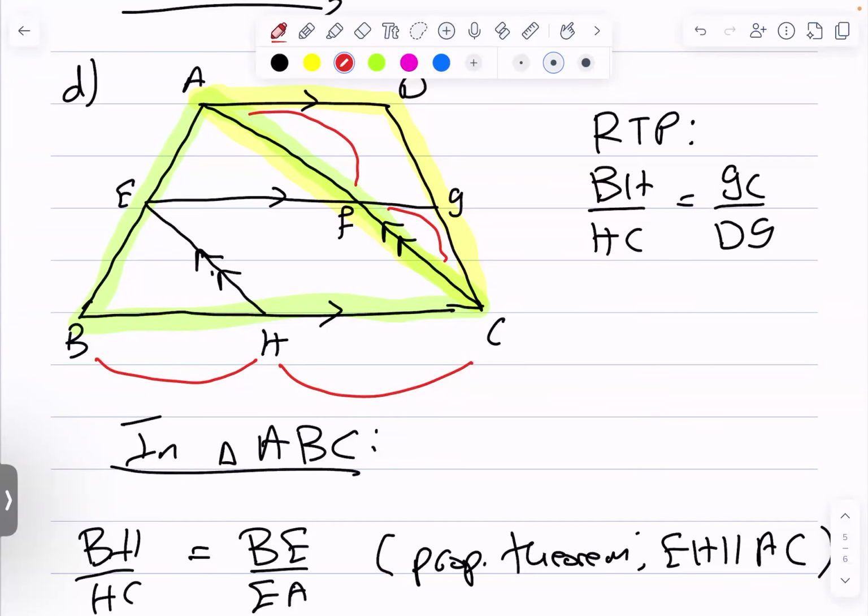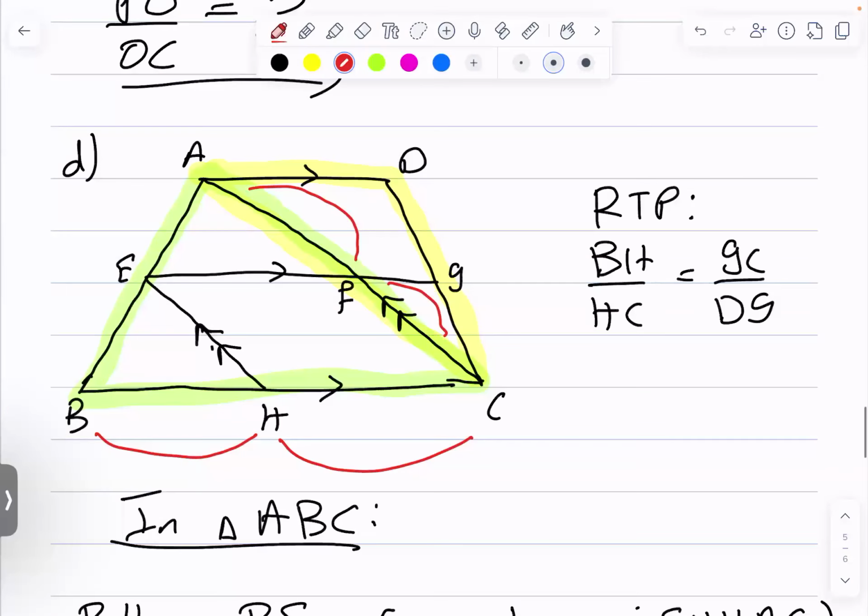So is it because we can relate CF over AS to DC over DC? Yes, because now if I go to BH over HC, it leads me nowhere. Guys, as much as you are highlighting, do not forget what your end goal is.